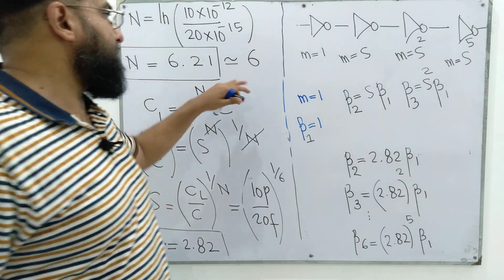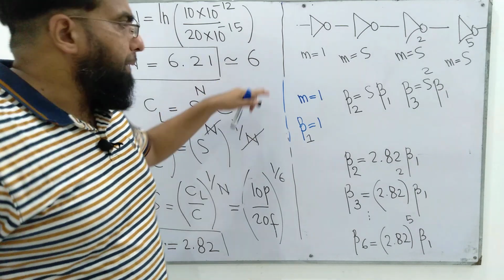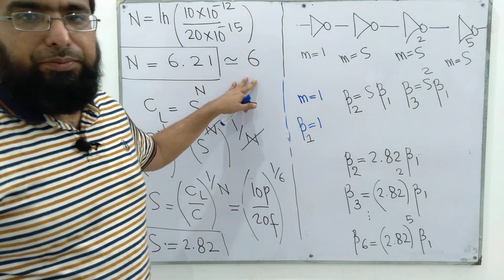For this particular example we have 6 stages, but in another example we may have a different number of stages.